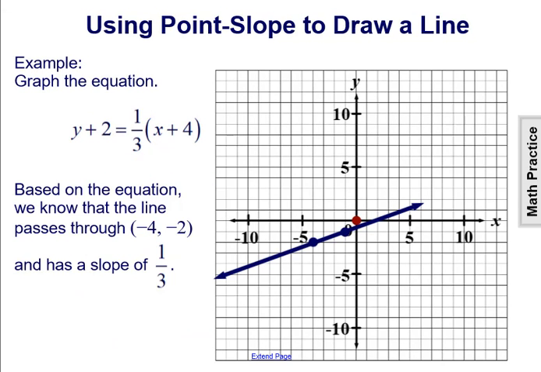So from the equation, we know the line passes through the point of negative 4 and negative 2. From that positive 4 and positive 2, we're using the opposite of those values to get our first point. So that's what we graphed first, negative 4, negative 2. And then using the slope of 1/3, we went up 1 and right 3 to get our other point to connect with a line.